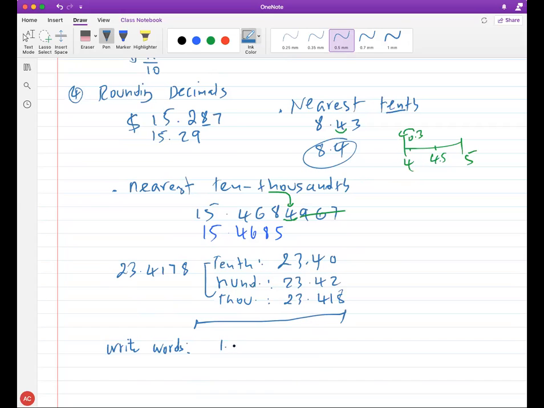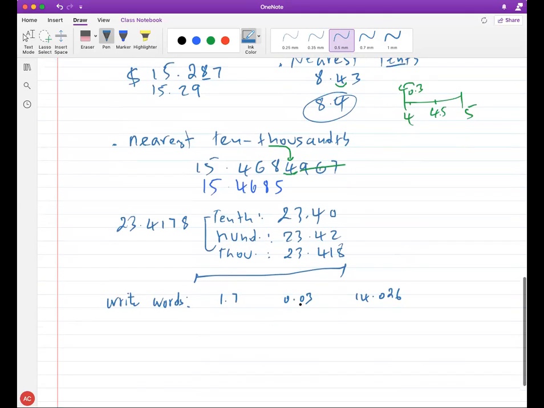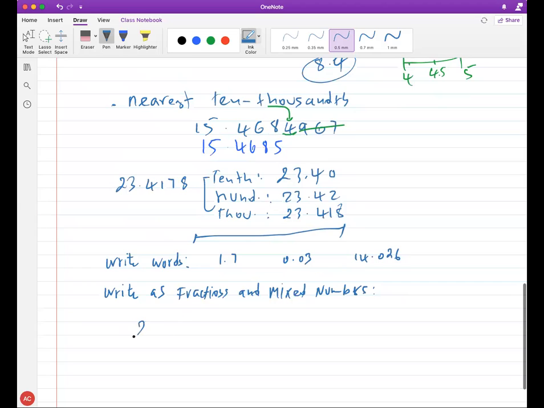Writing words, so one. Okay, right. Okay, so take these and write them as mixed numbers, fractions and mixed numbers both, basically. 2.5.